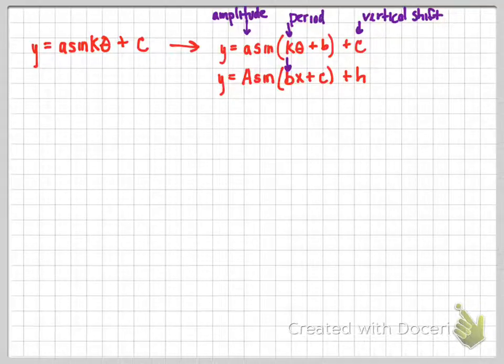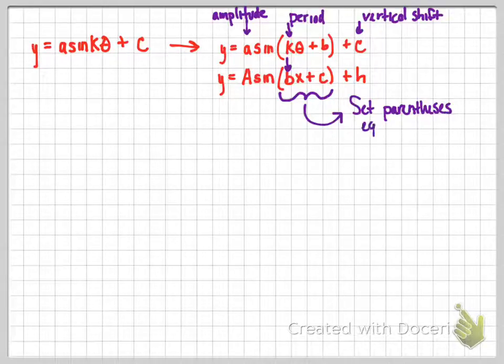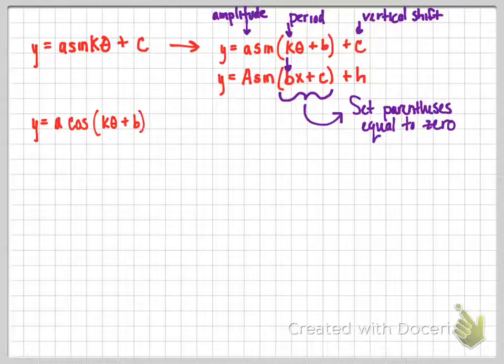Okay, and then the final piece of information is looking at all of these parentheses all together. Setting those parentheses equal to 0 talks to you about phase shift. Also, the exact same format for any cosine function, a cosine of k theta plus b plus h.